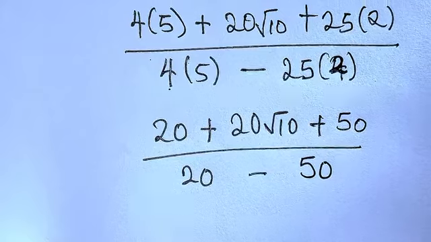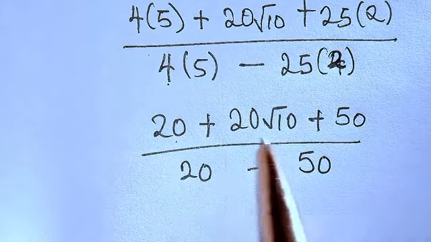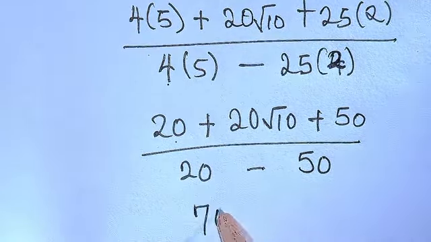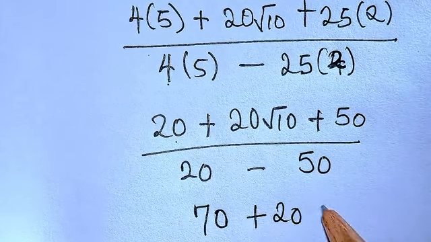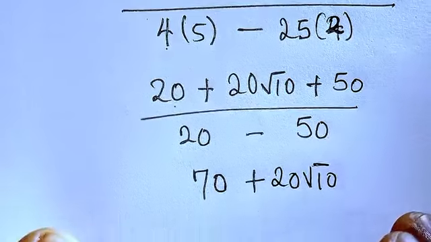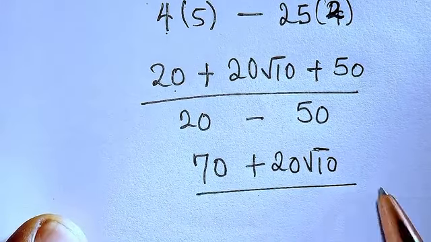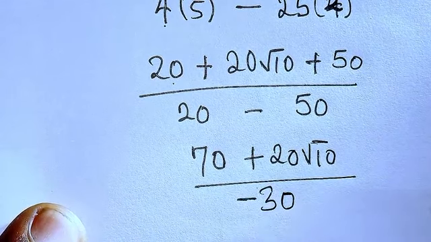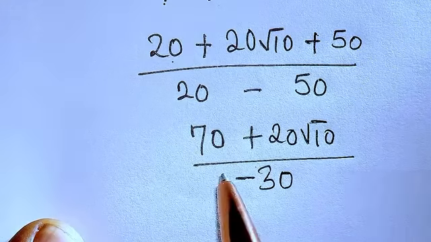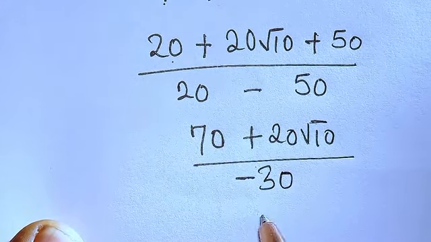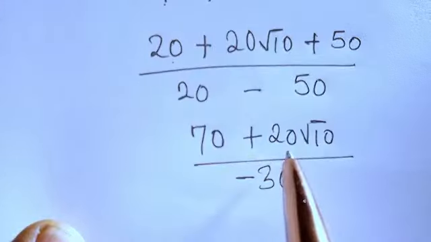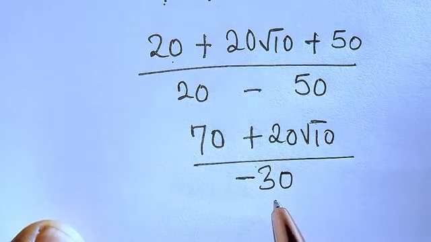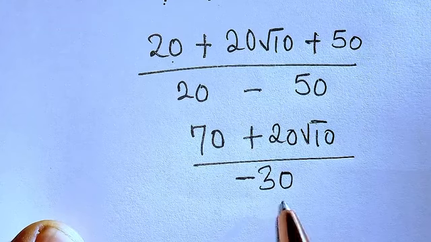Now from there, we can collect the like terms. 20 plus 50, we're going to have 70 plus 20 root 10, then divided by 20 minus 50, that will give us minus 30. Then we can separate this, because 70 and 20 root 10 share the same denominator.